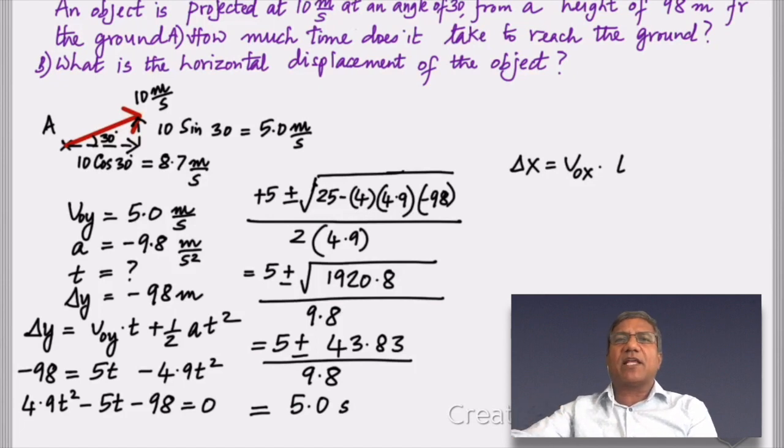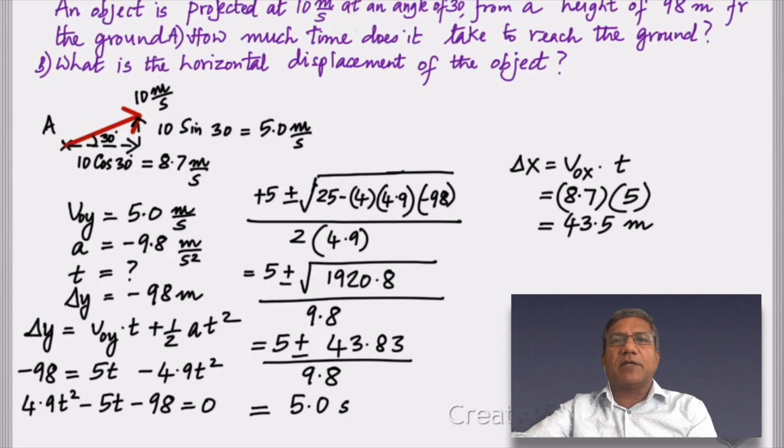And once you get that time as 5 seconds, you can calculate the horizontal displacement. Once again, remembering that the horizontal velocity never changes. And the horizontal velocity was 8.7 meters per second. So to get the horizontal displacement, you multiply the time with the 8.7, which gives us 43.5 meters.